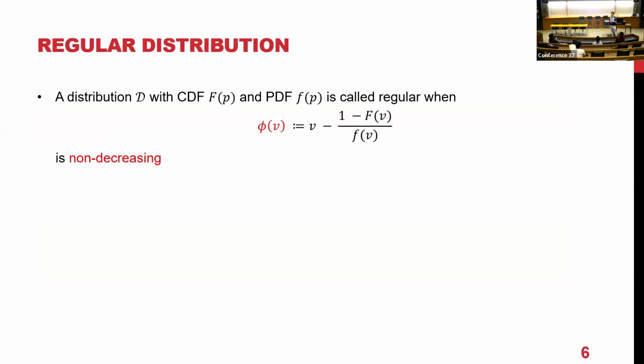So for the audience that does not know regular distributions very well, let me first give you a very brief introduction. A distribution D with a CDF capital F and PDF small f is said to be regular when the virtual valuation function phi(v), which is defined to be v minus (1 minus capital F) over small f, is non-decreasing.